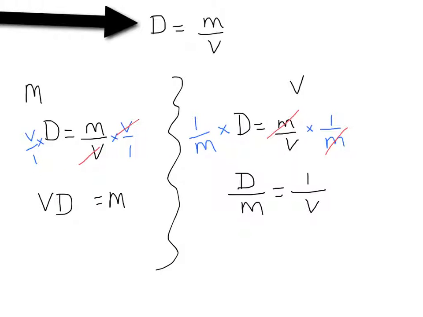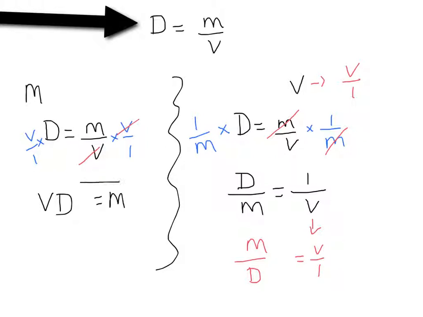Now, if I want to solve for v, and remember v is v over 1, right? So if I want v over 1, I can flip this fraction. So v over 1 is equal to mass over density.